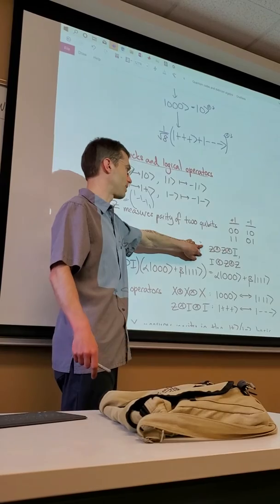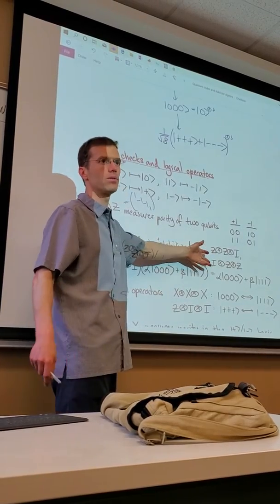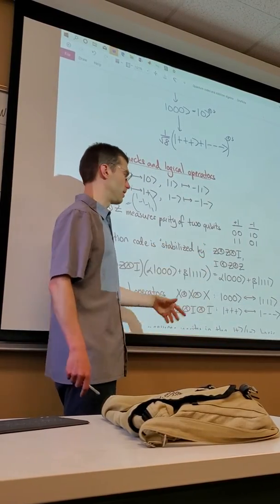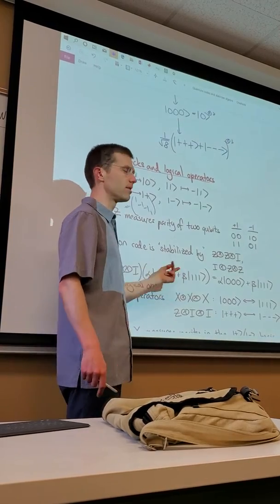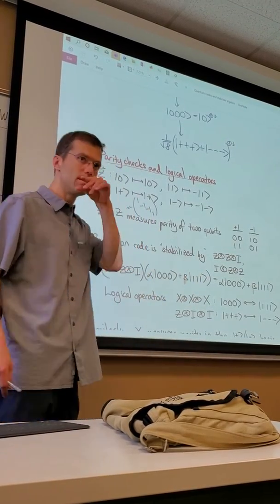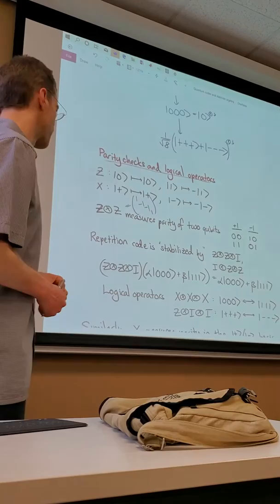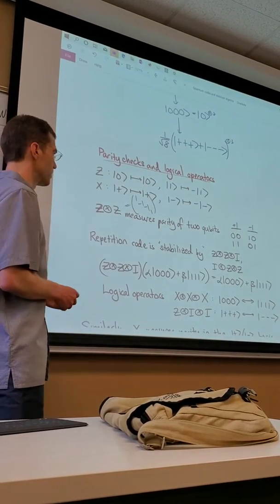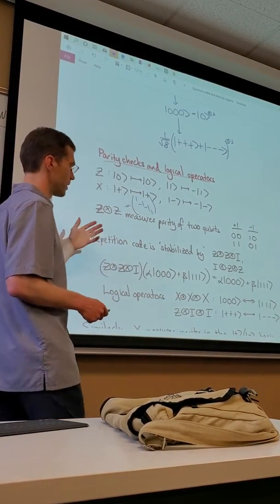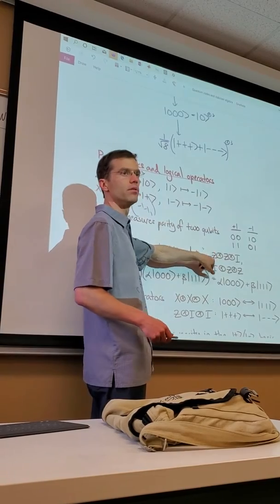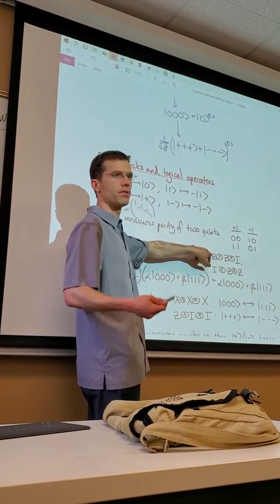And furthermore, these operators define a 2-dimensional space because there are 2 commuting Pauli operators. And the 2-dimensional space is exactly the span of these 2 basis states. And so instead of talking about the repetition code, we'll talk about the stabilizer code stabilized by these 2 parity checks or stabilizers.